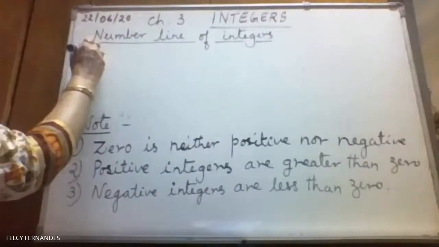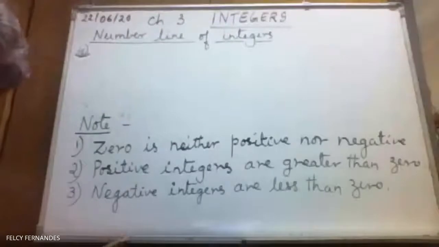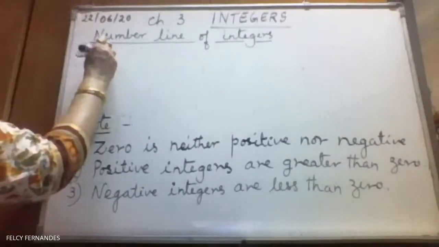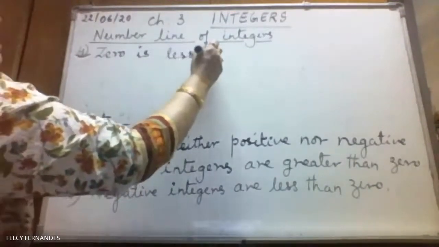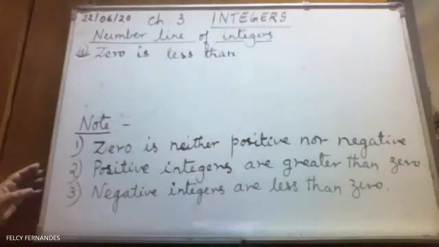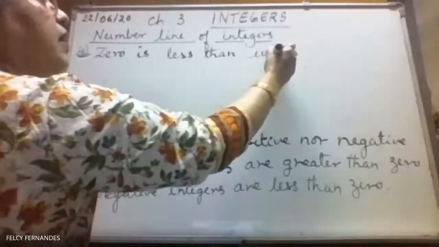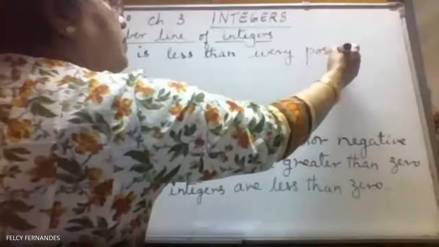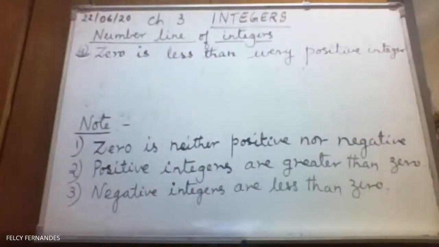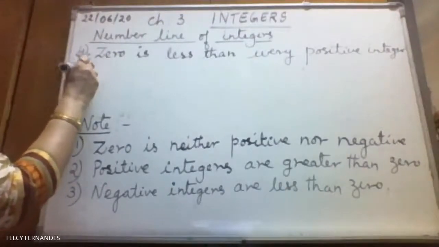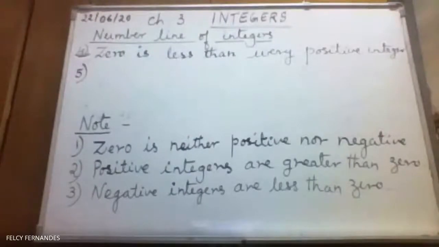Point number 4. I hope it is done, and after every point, I hope you have left a line. 0 is less than every positive integer.